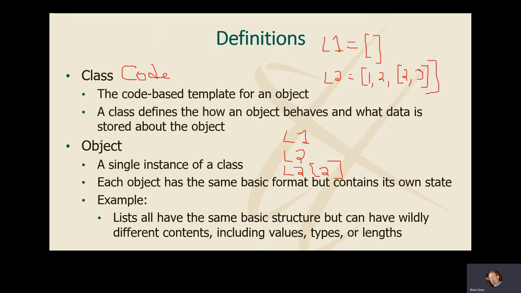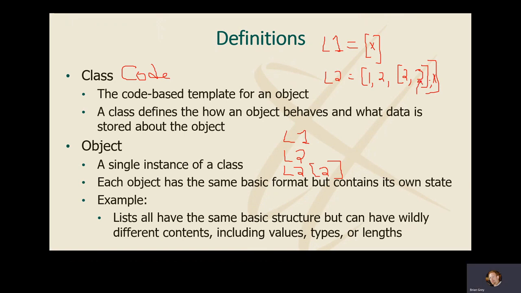All of these things have different lengths. Appending to them will result in different behaviors, different states. The behaviors are the same, but the states are going to change. If we call .append X to any of these, you're going to have different things. X would be added here, or X would be added here, or X would be added here.